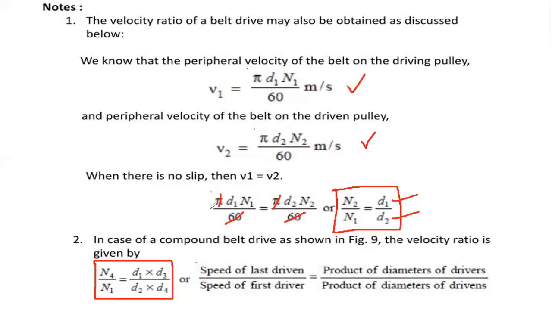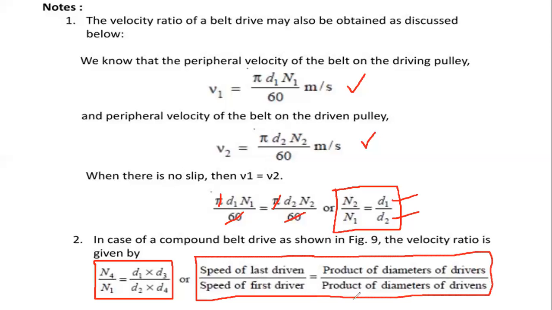Then speed of the last driven by speed of the first driver. So this is taken as speed of the driven pulley by speed of the driver pulley is taken as product of the diameters of the drivers by product of the diameters of the driven pulleys. So it is taken as N4 by N1 is equal to D1 into D3 by D2 into D4.